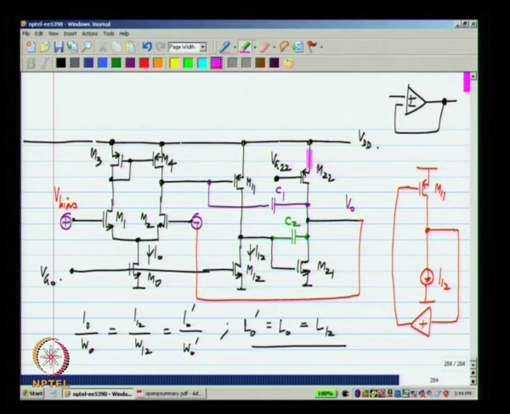Similarly, if you think of M22 and M21, M22 is a current source I22, and this is M21. Okay. So, that again the gain from here to there is negative and gain from there to there is negative, it is a common source amplifier.